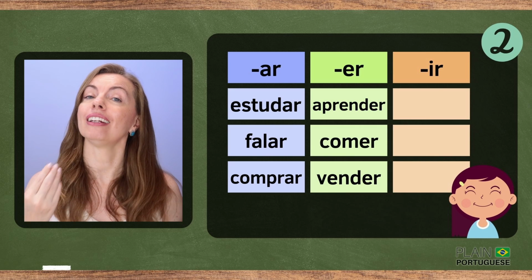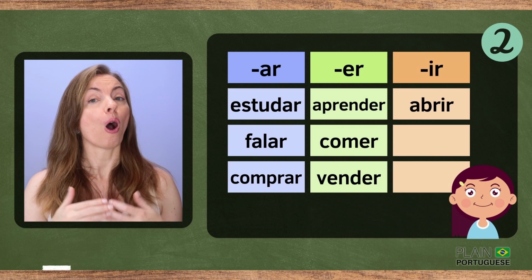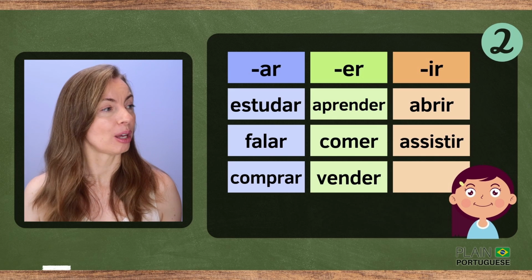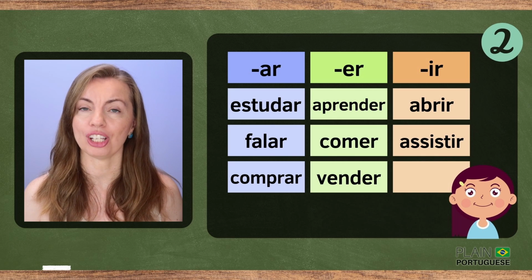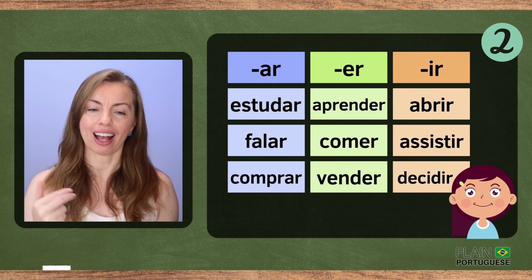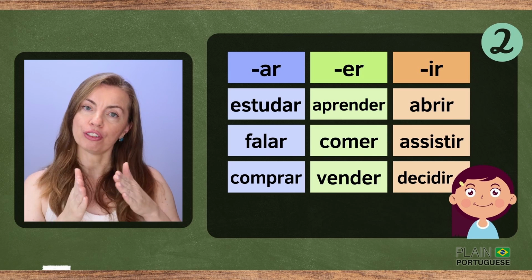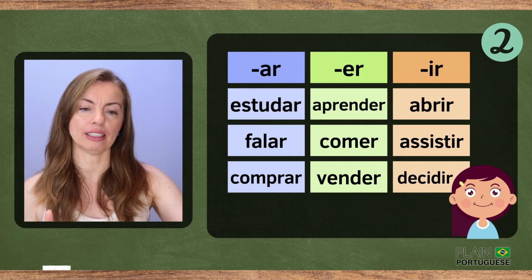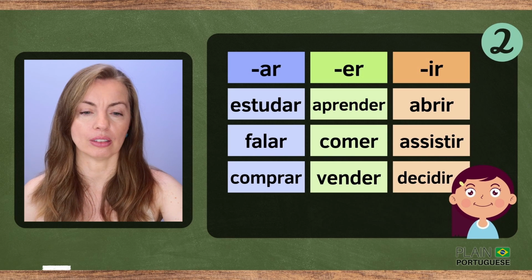Sell, vender, ER. Open, abrir, IR. Watch, assistir, IR. Decide, decidir, IR. Each verb class has specific conjugation patterns that differ from the others.